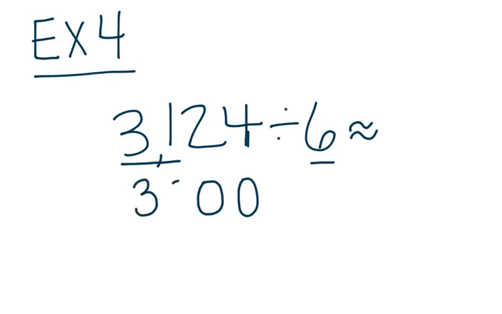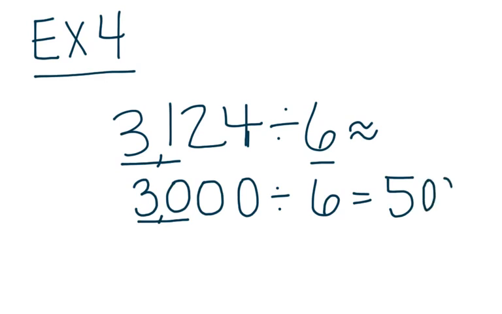Based on what you've learned so far, you know that 30 would be better because it's closer to 31. 30 divided by 6 is 5. And here's a perfect example. I'm not going to have 3 zeros in my quotient. If I did that, I would be wrong.